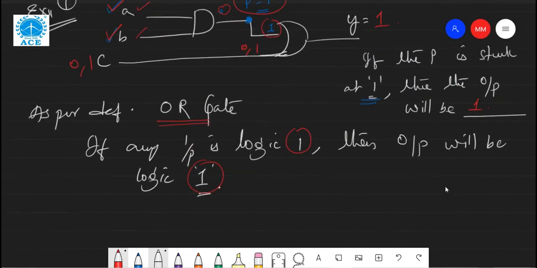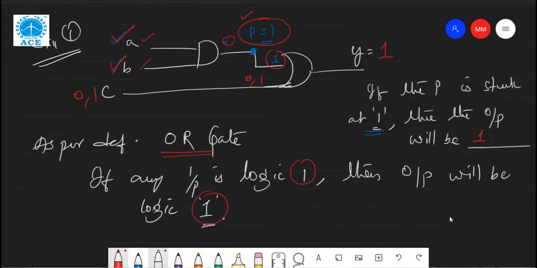As for example, in the same circuit, suppose this is stuck at 0, okay, this point will be stuck at 0, so this point will be 0 here, right? Then see, the output will be, suppose this is C, this is my value C, okay.